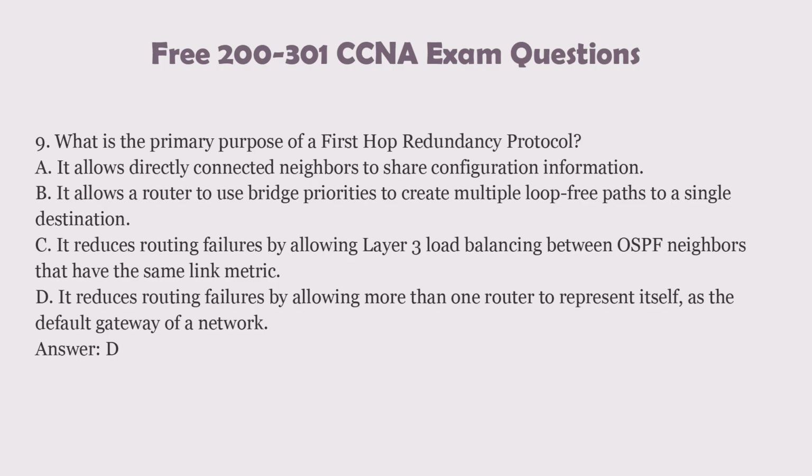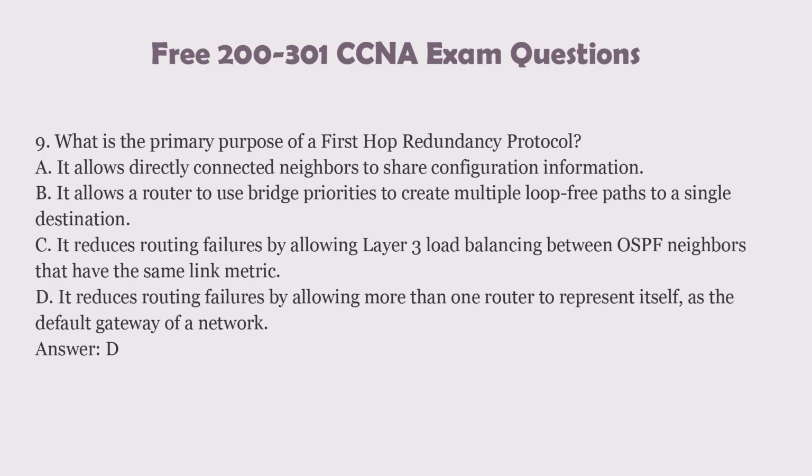9. What is the primary purpose of a first-hop redundancy protocol? A. It allows directly connected neighbors to share configuration information. B. It allows a router to use bridge priorities to create multiple loop-free paths to a single destination.